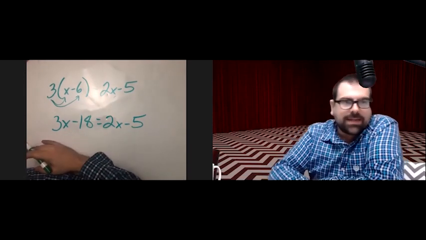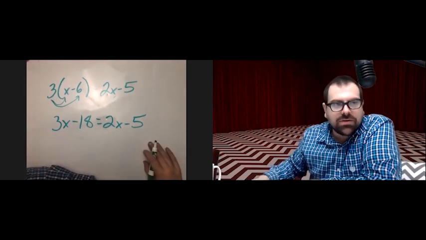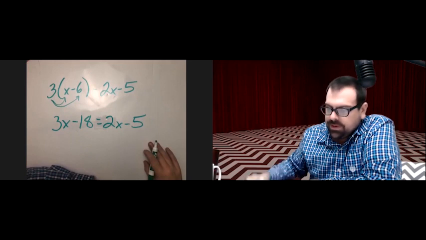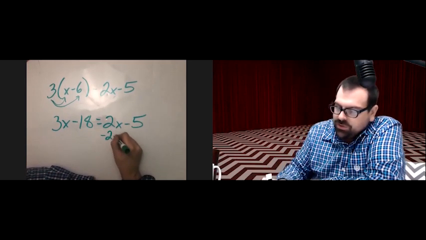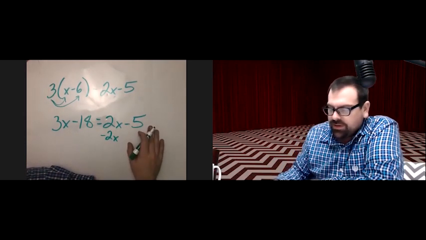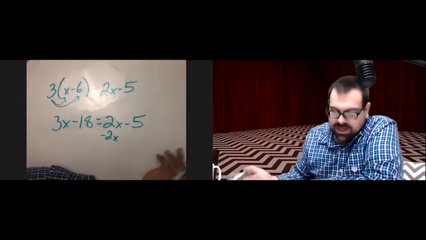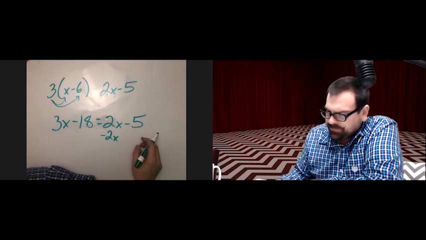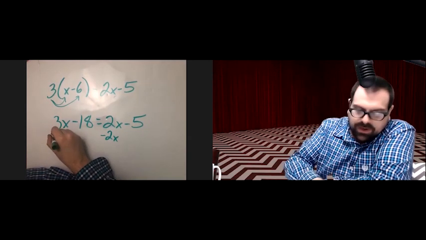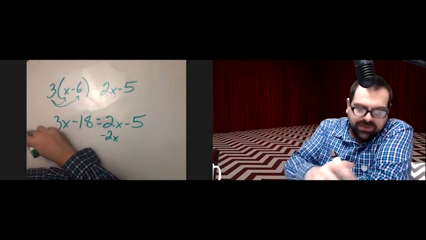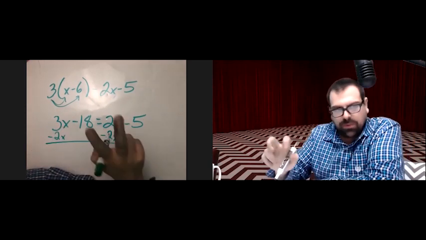I want to get all my x's on the left. I want to get everything else on the right. So I'm going to subtract 2x to get rid of it on the right. I'm going to get rid of a positive 2x with a negative 2x. Whatever I do on the right, I do on the left, and that's how we accomplish the moving.